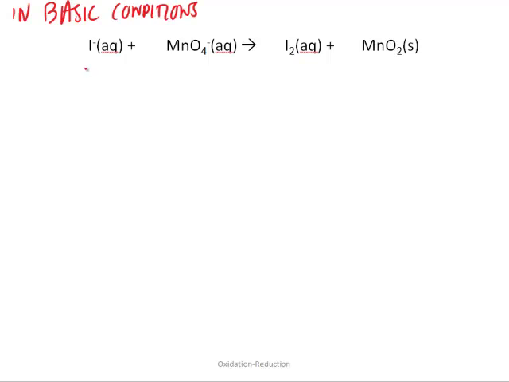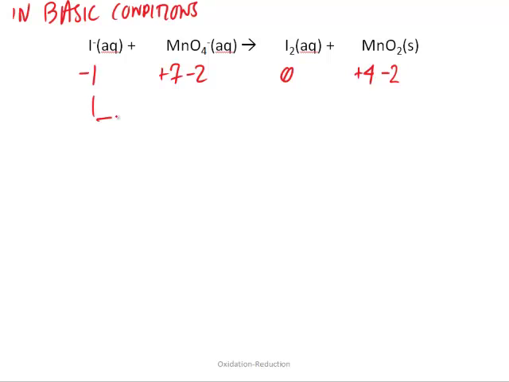Okay, so iodide is -1, MnO4, we already did this, so that's going to be Mn plus 7. Iodine by itself is going to be 0. That's its elemental state. MnO2, we've done this one as well. So that's going to be -2 for the oxygen, so that needs a +4 for the manganese to equal 0.